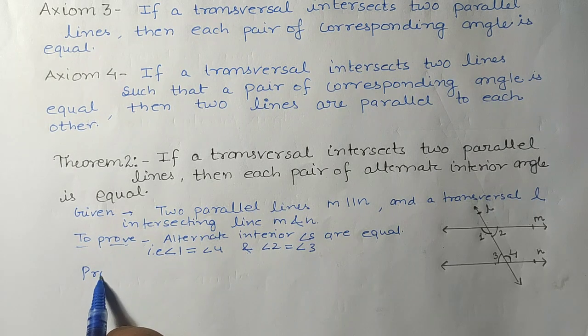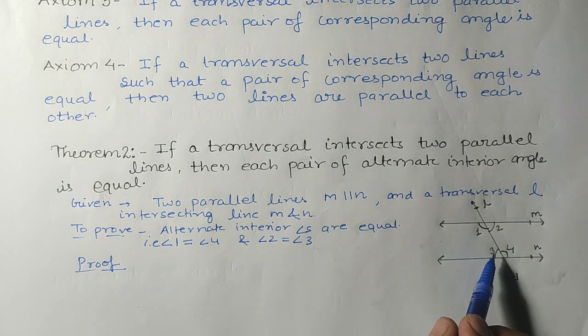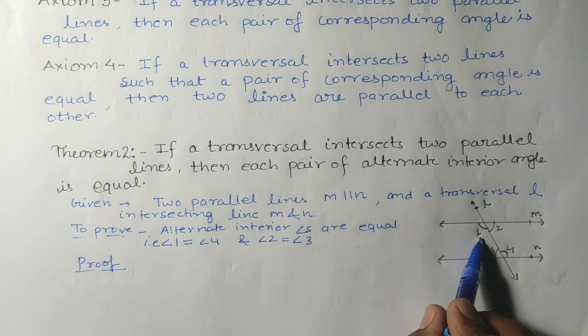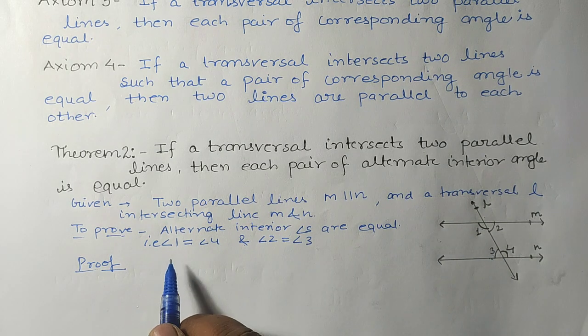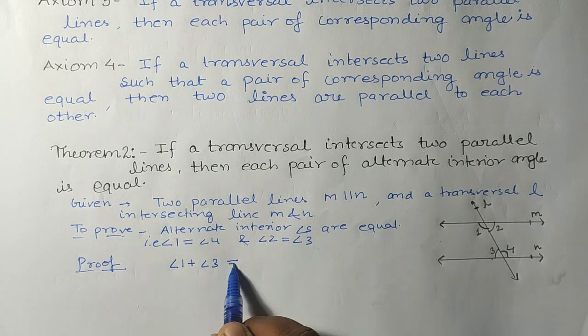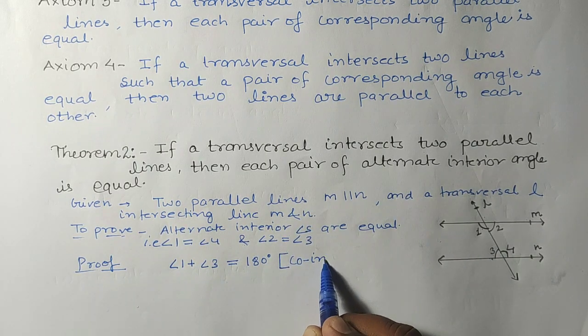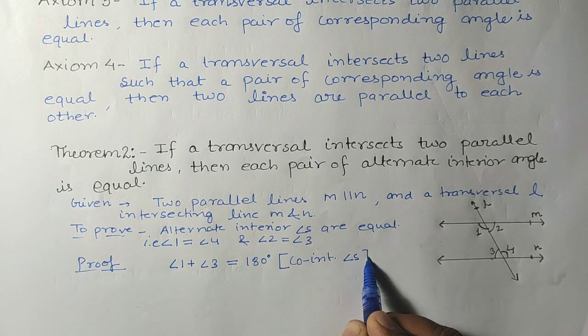now we are going to see the proof of this theorem. See students, we have seen the case of co-interior angles. In that case, the pair of co-interior angles are what? Angle 1 and angle 3. So here we can write that angle 1 plus angle 3 is equal to 180 degrees. How can we write it? The reason is co-interior angles.